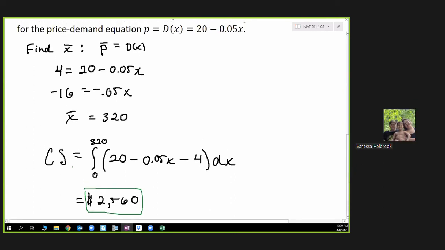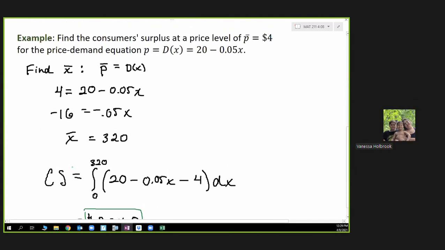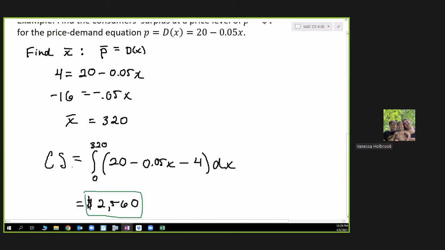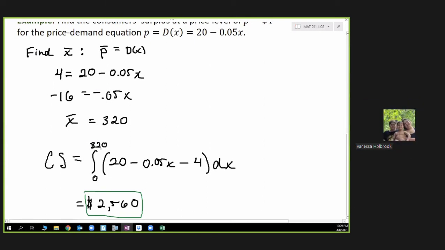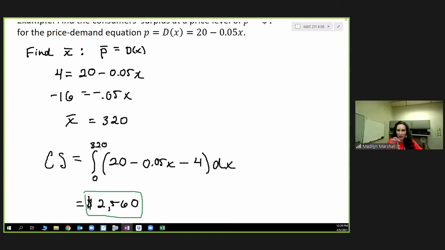Now, would that be divided by 320 for each person? Is that kind of how you would figure that, or no? We can't, because the 320 is the number of units we're selling. So if each person was buying 1 unit, then it would translate, but it's really by units.